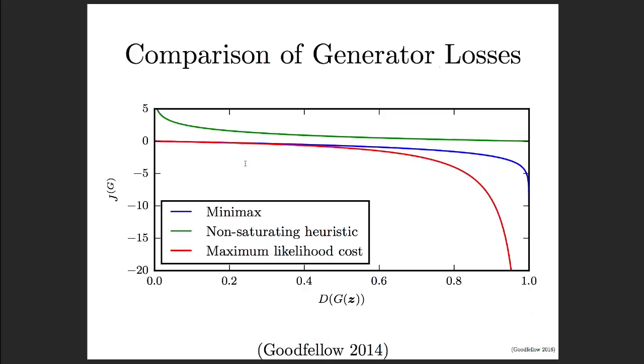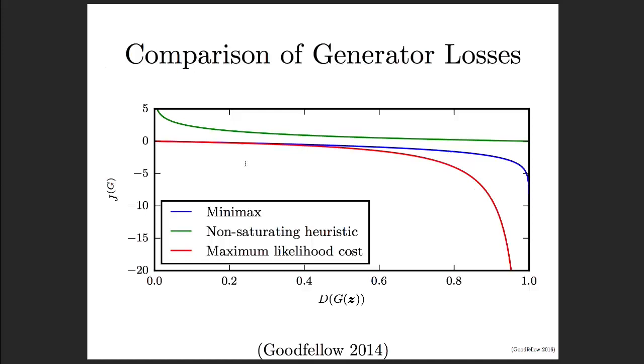So if we look at a graph of the cost that the generator incurs as a function of the output of the discriminator, we can see that all these different costs decrease as we move from left to right. Essentially, that's saying that if you make the discriminator think that the samples that the generator created are real, then you incur a very low cost. We can see the way that they saturate in different places, and also how sampling along these curves would give us very different variance in the estimate of the gradient.